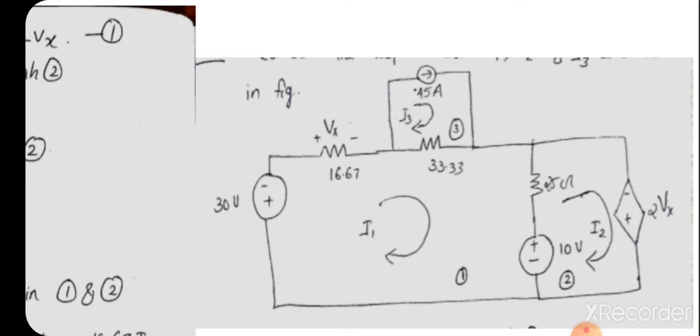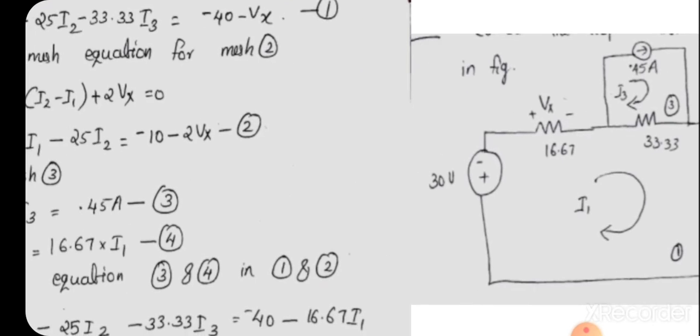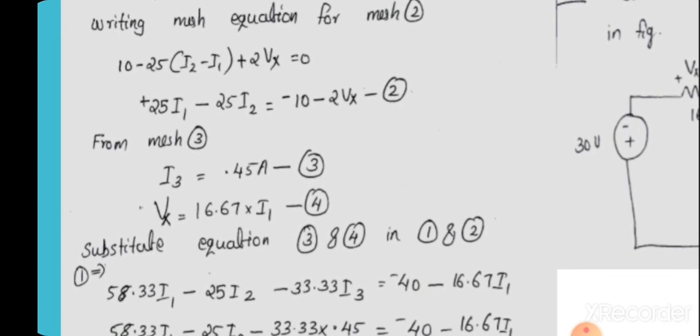Since the loop contains only a resistor and a current source, and it is a closed path, the loop current will be the current value generated by the current source itself. So from that loop you can see that I3 will be equal to 0.45 ampere. So the third equation is I3 equal to 0.45 ampere.